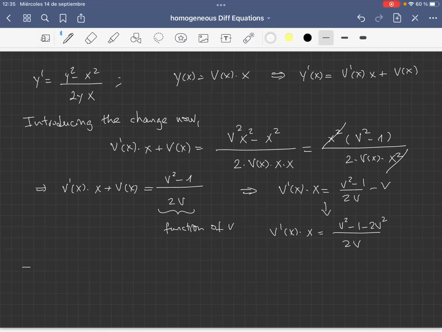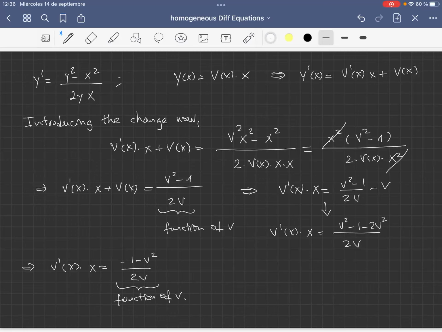Here we have that our equation is becoming simpler and simpler. We have minus 1 minus v squared divided by 2v. Again, this is a function of v purely.